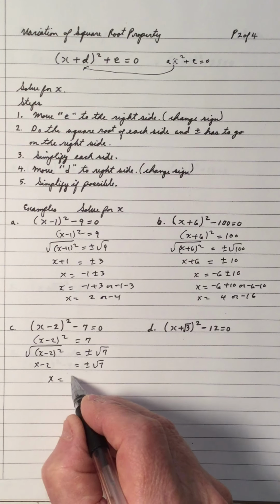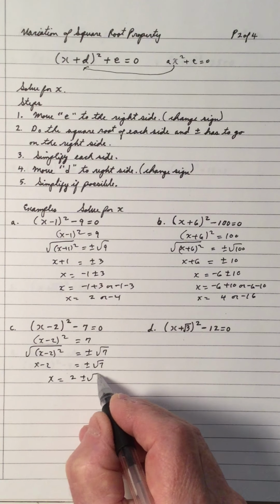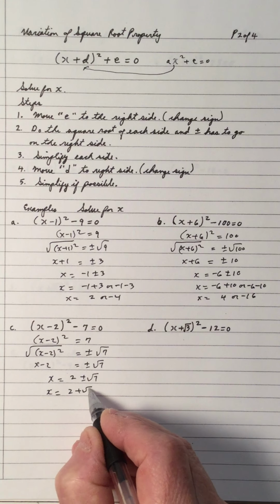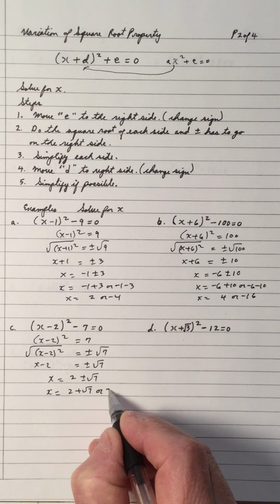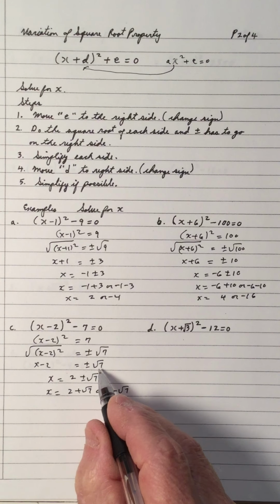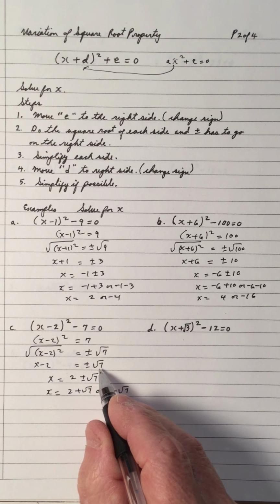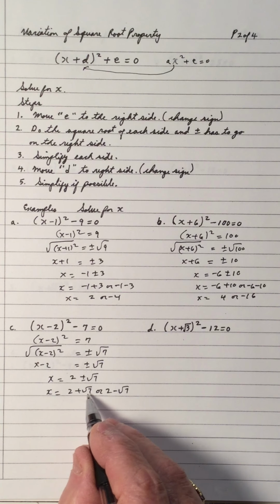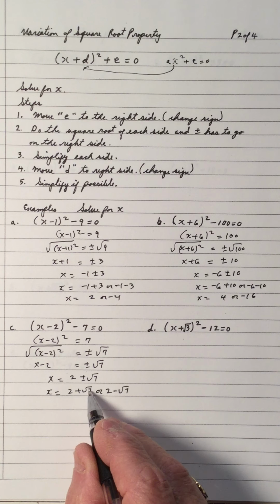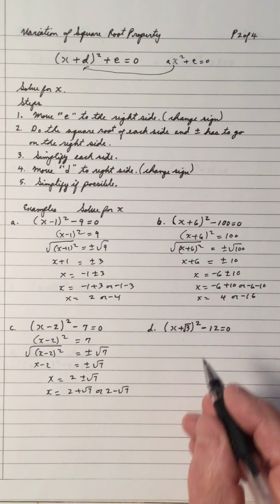So x equals 2 plus or minus root 7. So x is equal to 2 plus root 7 or 2 minus root 7. The root 7 can be changed to a decimal, but we want the exact values. So 2 plus root 7 has to stay because the square root of 7 can't be added to the 2.